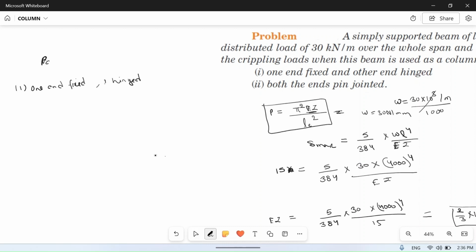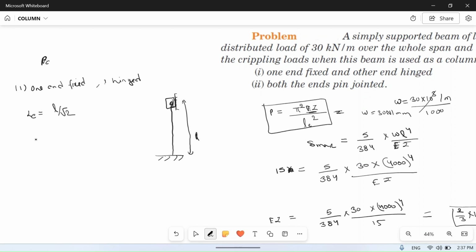It means the column is like this: one end is fixed and the other end is hinged here. So in this case, what will be the effective length? The effective length will be L by root 2. If the original length was L, then the effective length will be L by root 2. We have seen this in the previous videos.